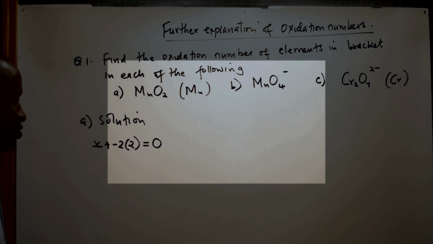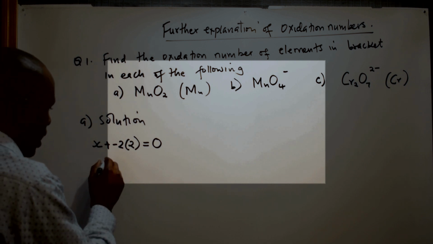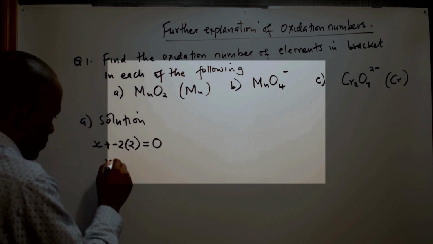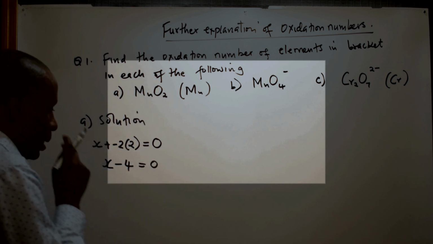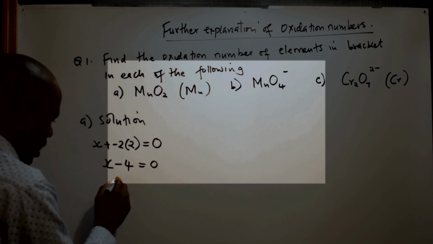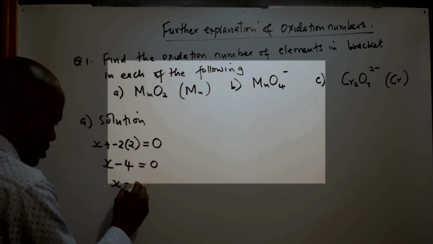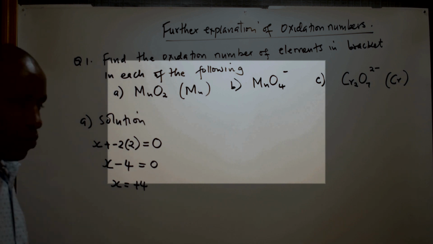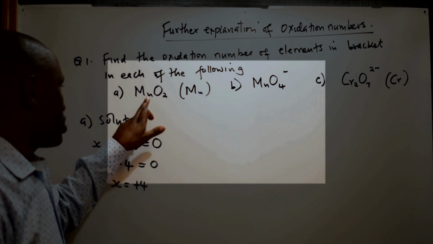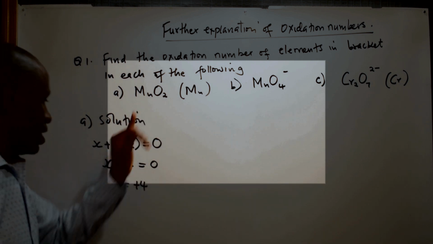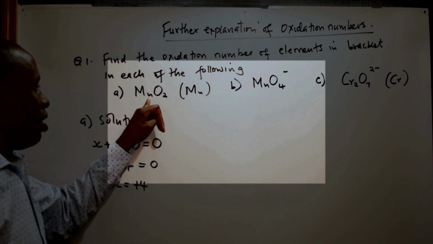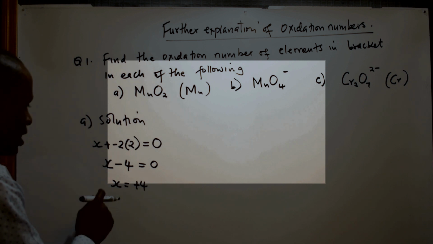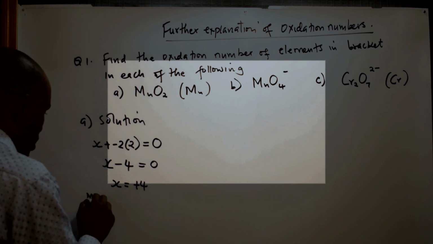Therefore X - 4 = 0, and taking -4 to the other side, it becomes +4. That means the oxidation number of manganese in this case is 4, and therefore the name of this compound is manganese 4 oxide.